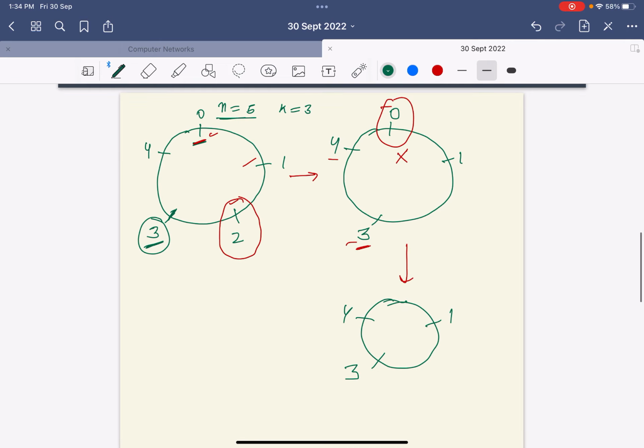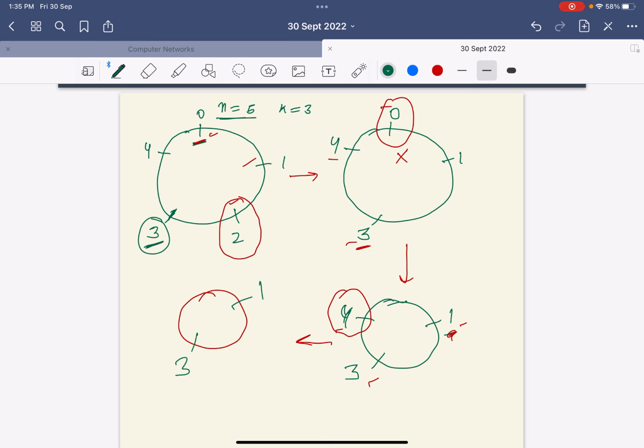Okay. Now the counting will start from the person which is next to the person killed. So after 0, the next person is 1. So counting will start from 1 and 1, 2, 3. So this time 4 will be killed and I will be left with 1 and 3 only.